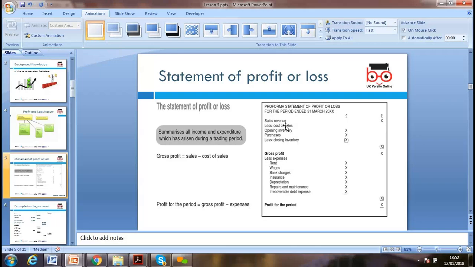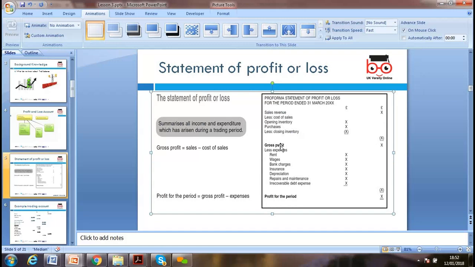Then we need to calculate the cost of sales. The cost of sales formula is opening inventory, how much stock was there at the start of the business, plus how much we purchased during the year, and how much is left, we minus it, and it becomes the cost of sales. Sales minus cost of sales gives me gross profit. The things we bought, how much I sold them for, and the difference between them is my gross profit.